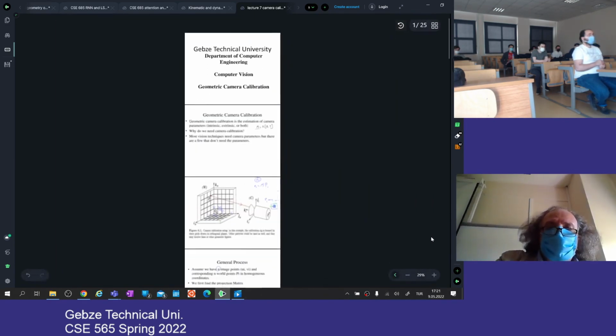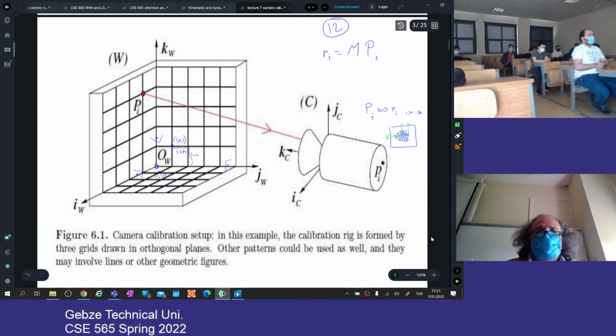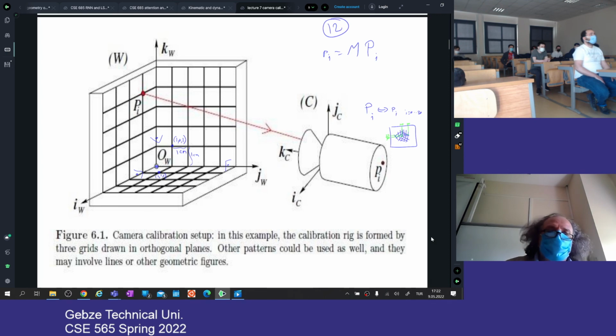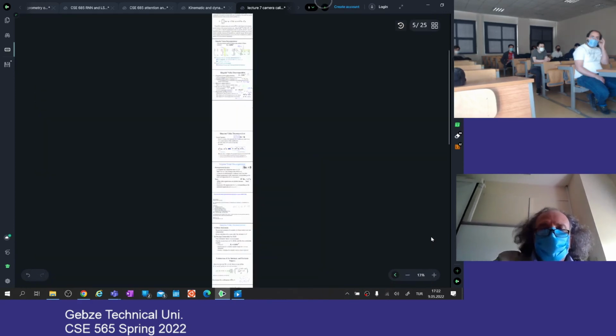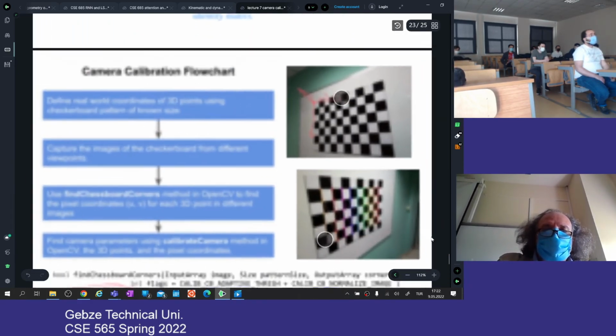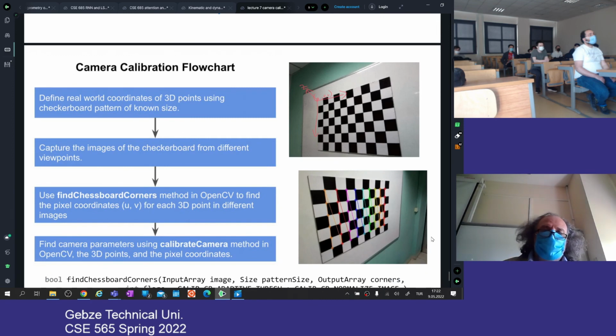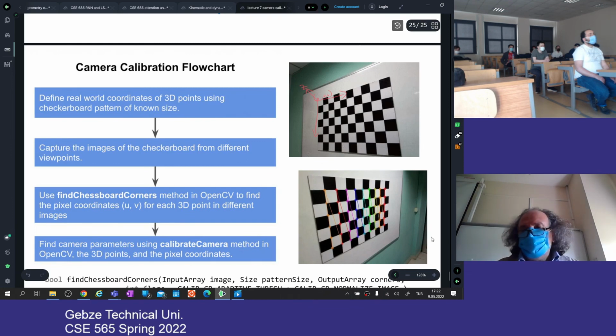But the method that I told you requires this target, and you are supposed to take just one image of it. The target is costly, you need to buy it, it's not that convenient, and you need to take a very special angle picture of it. With the OpenCV implementation, you don't have to buy anything. You just show as many images as possible to your camera, calculate the corners and feed them to your calibrate camera routine. That's it.